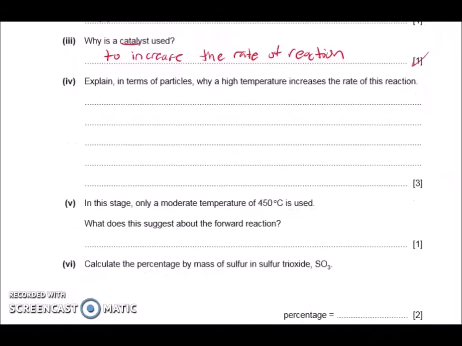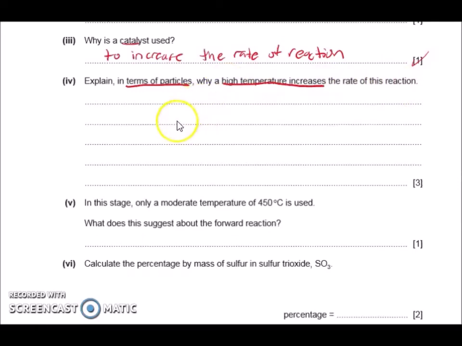With another question here. Okay, explain in terms of particles why high temperature increases the rate of reaction. Okay, so in these 3 marks, we need to have 3 points. First point, you can say the atoms, or you can say the particles, will have more kinetic energy.